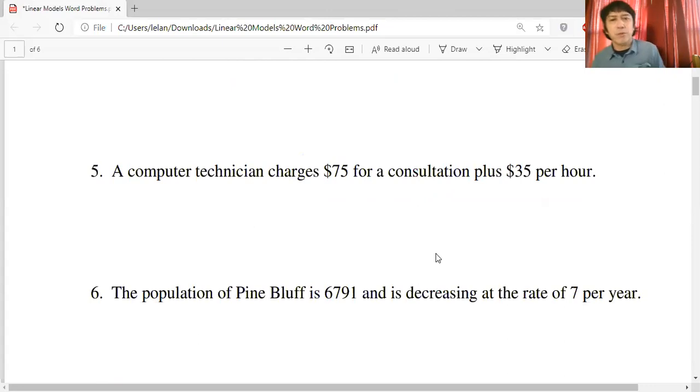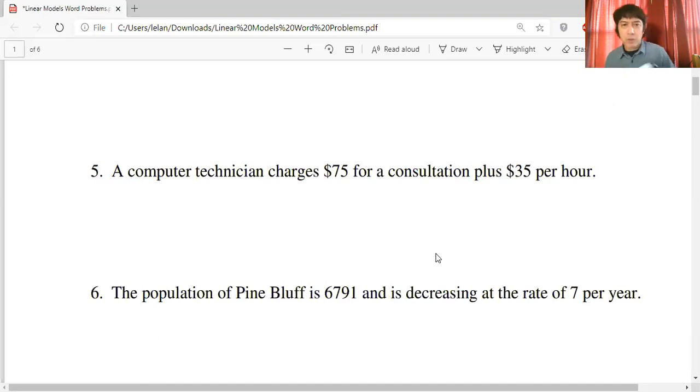If we analyze this problem, the cost at time 0, upon going into the shop, you pay $75. That's for the consultation. Then after an hour, you have to pay $35 when the computer technician is going to fix your machine, and so forth and so on. Another 35 for another hour.